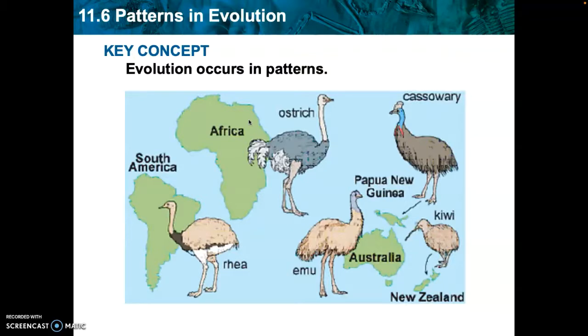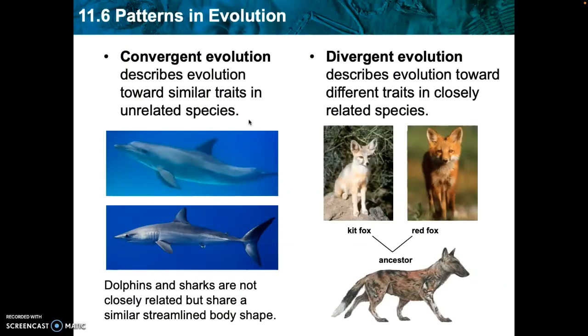They have similar adaptations because they live in similar environments, not necessarily because they inherited those adaptations from a common ancestor. So if you remember when we discussed this, we did learn that is called convergent evolution.